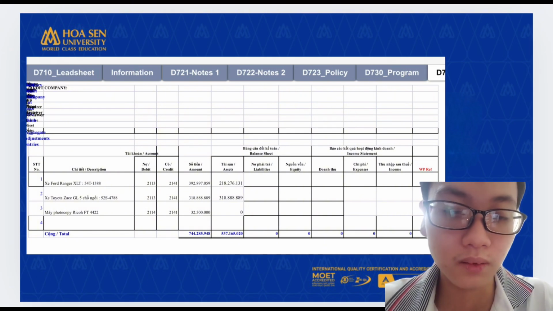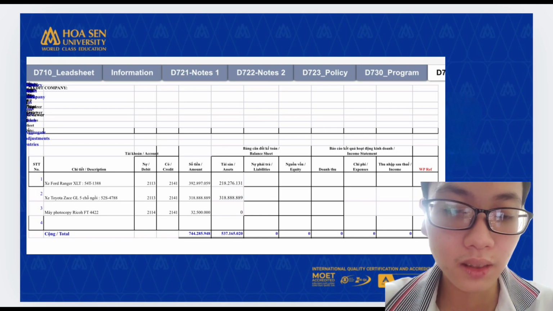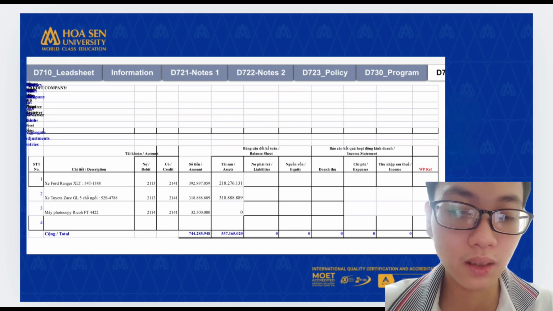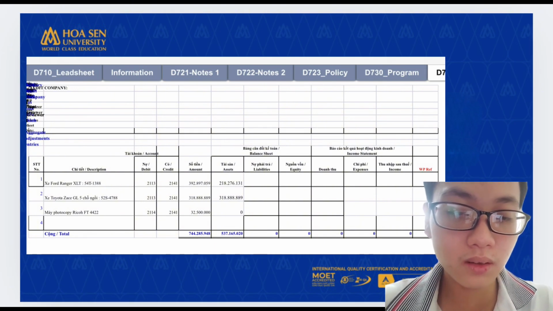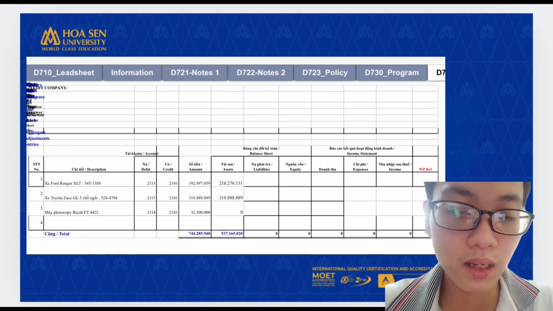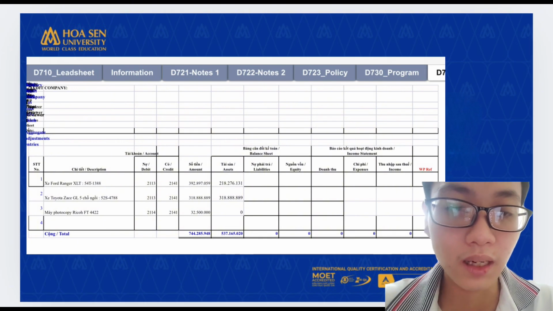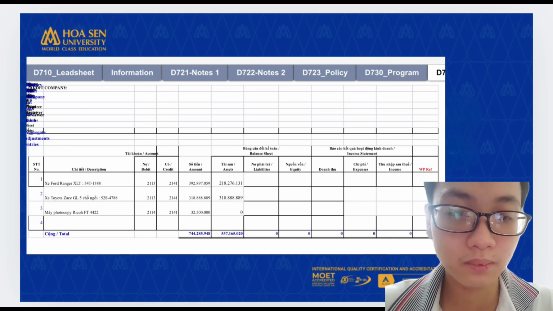The recorded amount is 392,897,059 Vietnamese dong, of which 219,276,131 Vietnamese dong has been capitalized as a fixed asset.